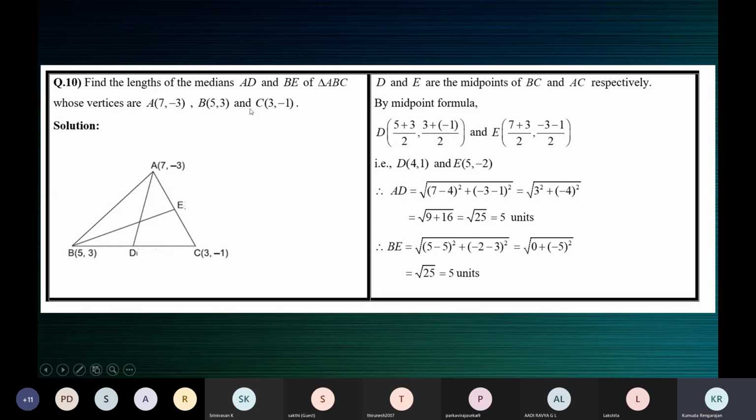Find the lengths of the medians. To find the length of a median, you need to use the distance formula.